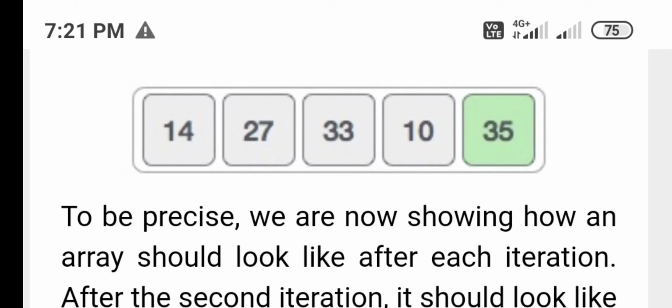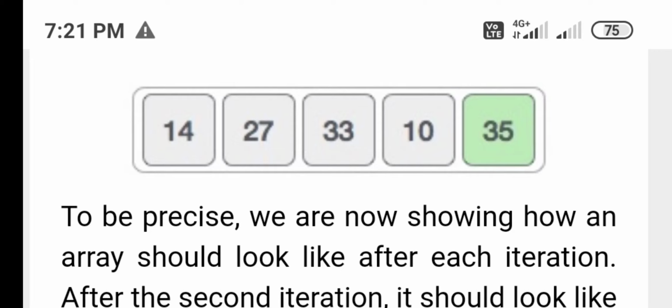After completion of one iteration, the largest element in the array should be placed in its appropriate position. Among all these 5 elements, the largest element is 35, and 35 is placed in its proper position, which is last in the array. In the second iteration, the second largest element should be placed in its proper position.